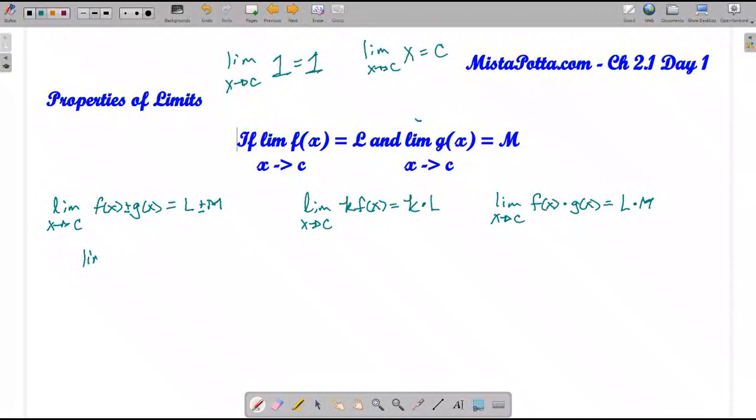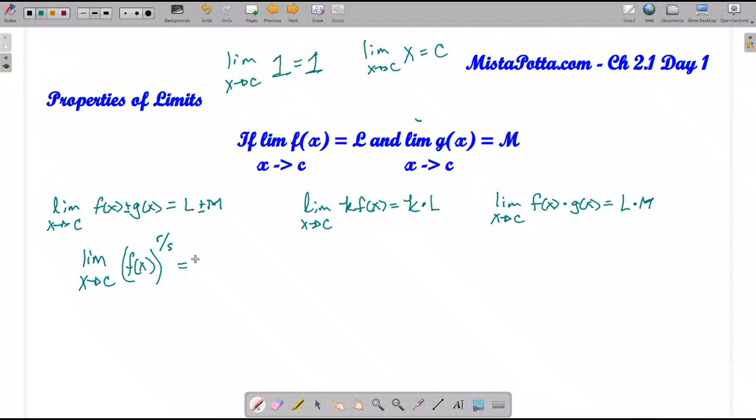And in fact, I can actually take f of x and raise it to some power. Let's say the r over s power.